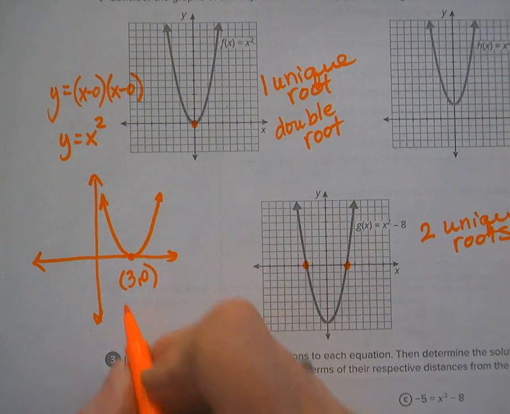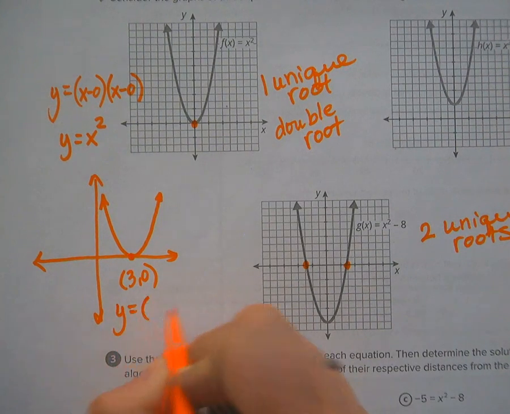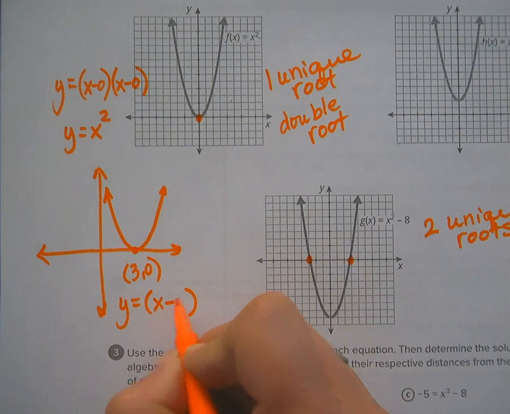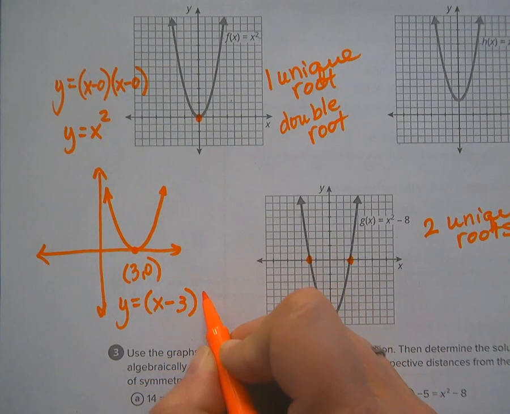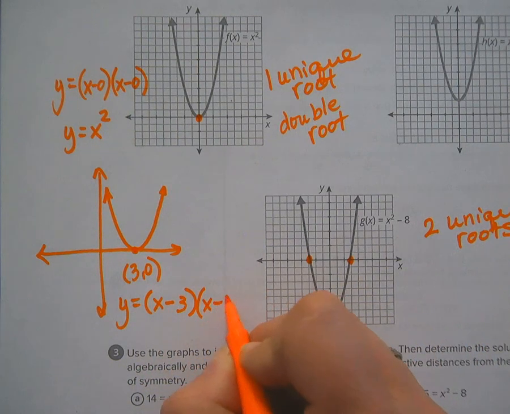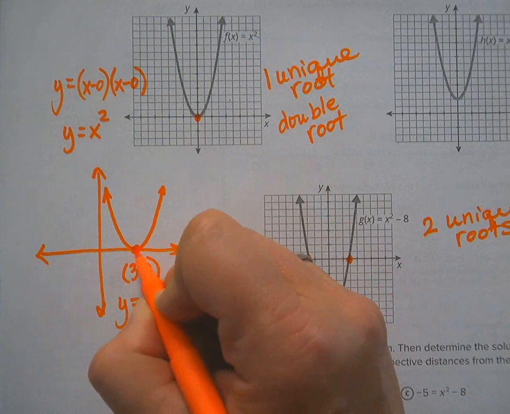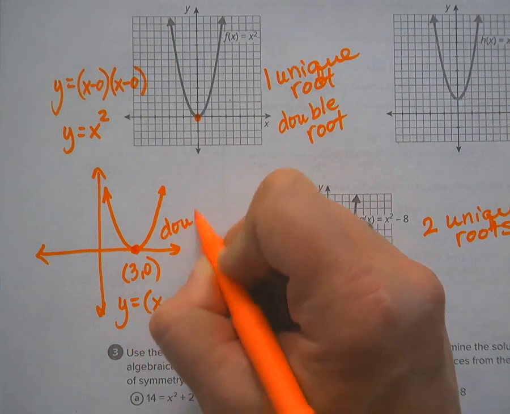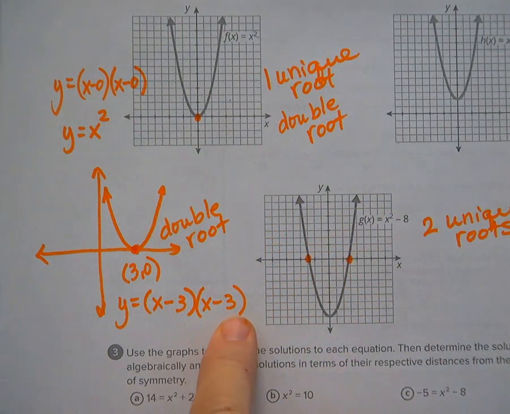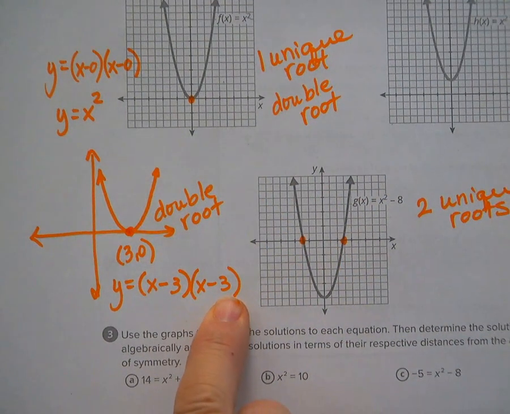Okay, so if a 0 is at 3, that means one of the factors has to be what? X minus 3. What's the other factor? X minus 3. Because this is a double root, that means there has to be two factors that are exactly the same. You with me?